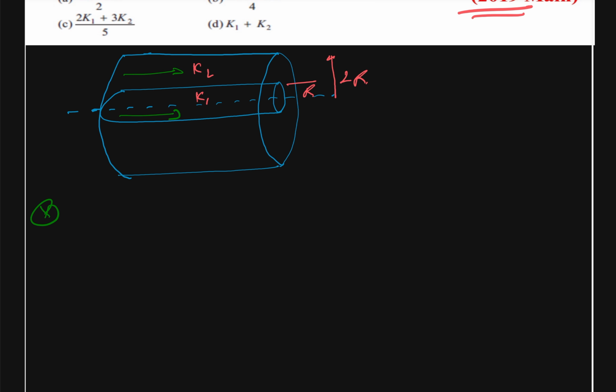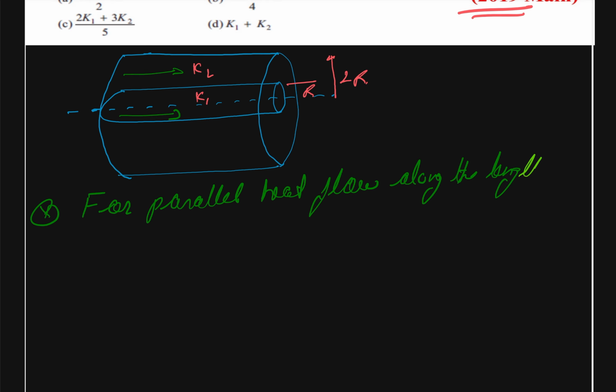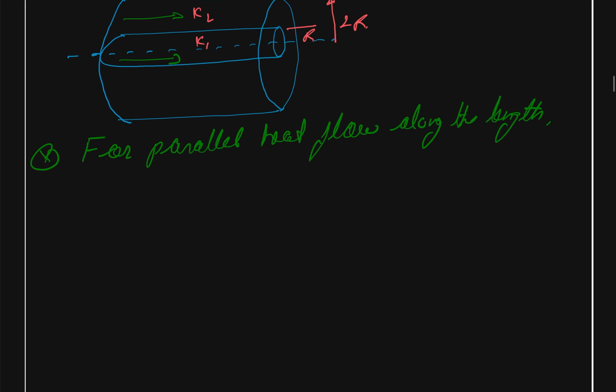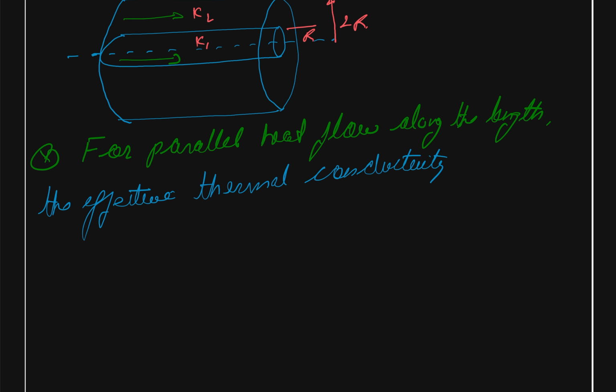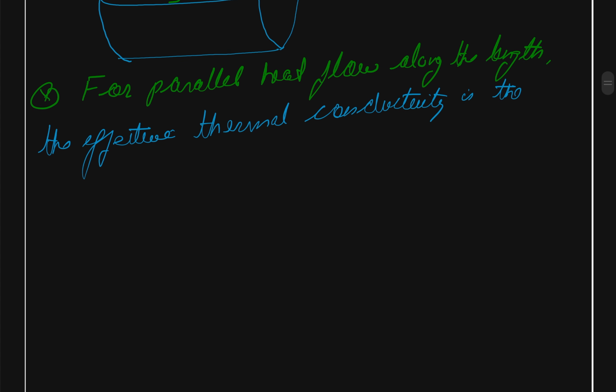So for parallel heat flow along the length, the effective thermal conductivity is the area weighted average.